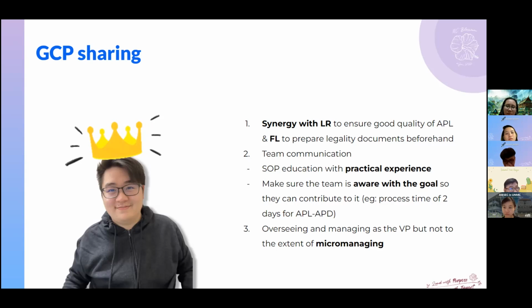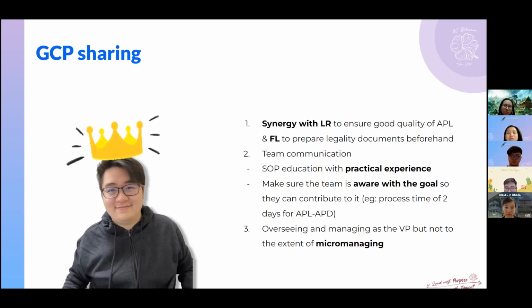So I think if you still haven't figured things out with your synergy partner, then just have a space with them, talk everything out, and hopefully things will start running. And secondly is team communication. So you yourself, I think we have to really know the SOP of how we want things to run for the MyV.